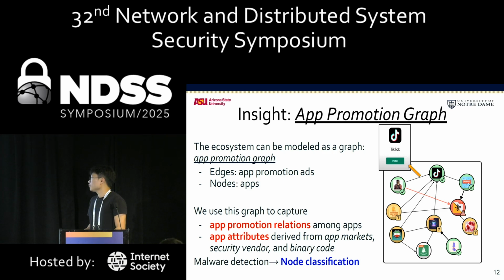Using this graph, we can capture app promotion relations and app attributes with information from the app market, security vendors, and the binary code. In this way, we can turn the task of malware detection into node classification. Namely, we just classify the node as a malware or benign app.